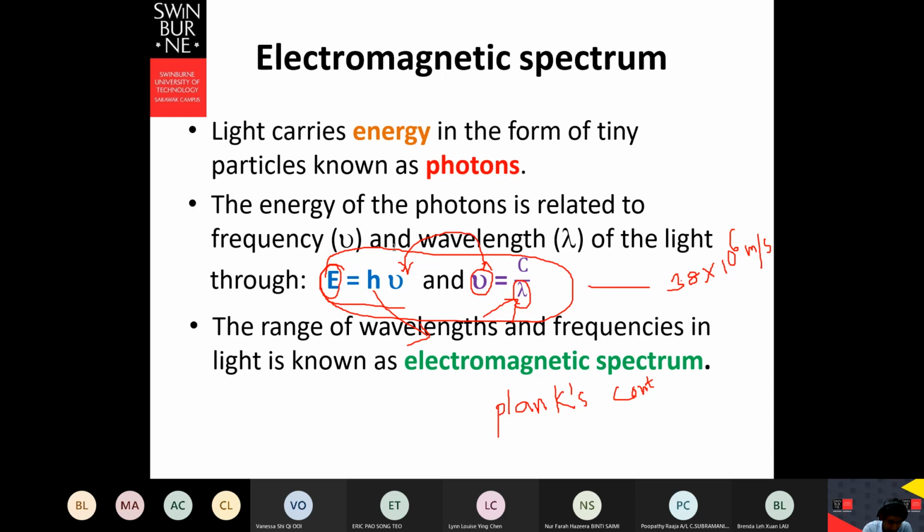There are different forms of Planck constant. For us, we need the one in meter squared kg per second, which is 6.626 times 10 power negative 34 meter squared kg per second.